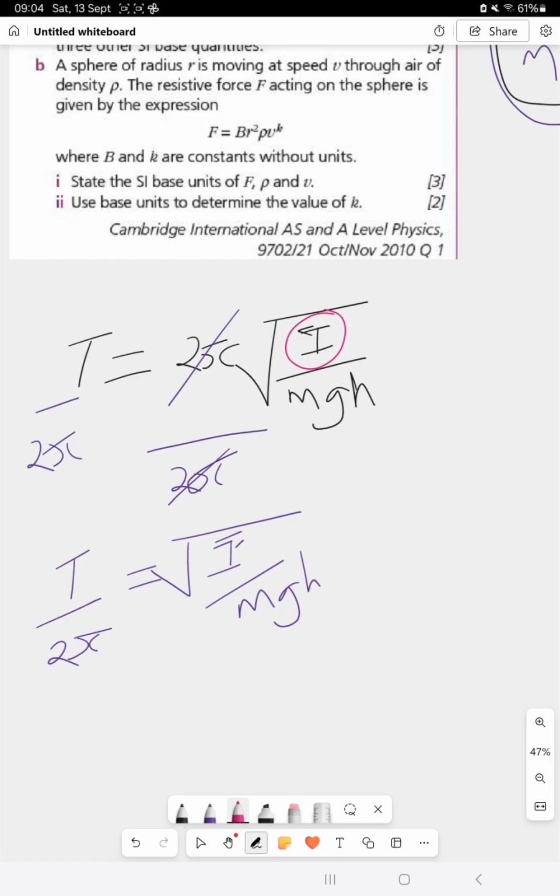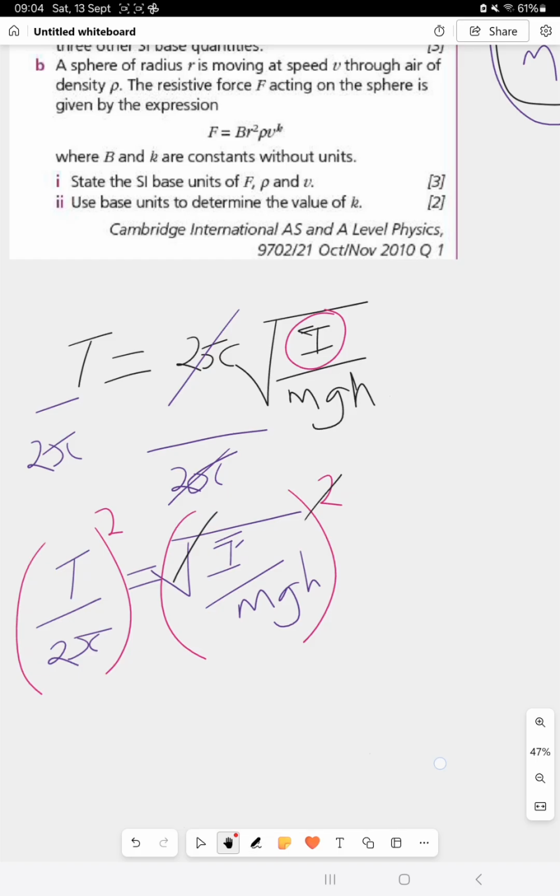I have to square now. Square everywhere, square here, and then I square on the other side. Why am I squaring? To remove this square root over here, and therefore this square will cancel with this square root.